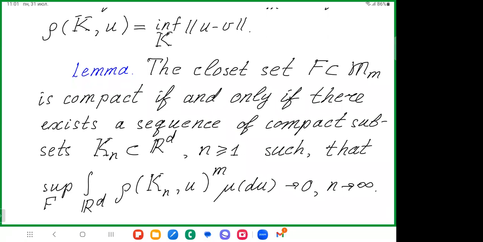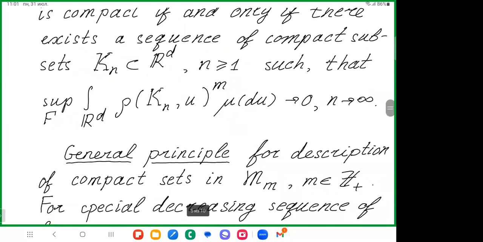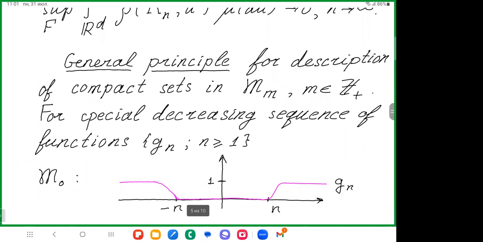In order to understand how we can formulate the criteria of compactness of measure-valued continuous processes, let us reformulate the statements we got, as follows. The general principle for description of compact sets in M_m is the following.